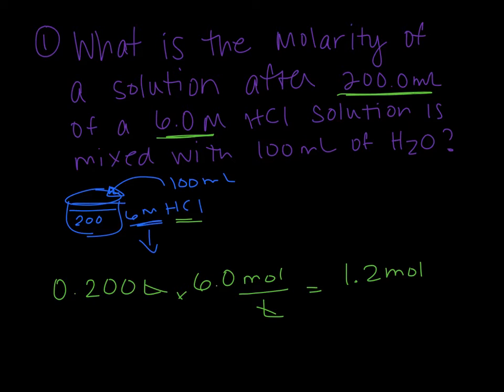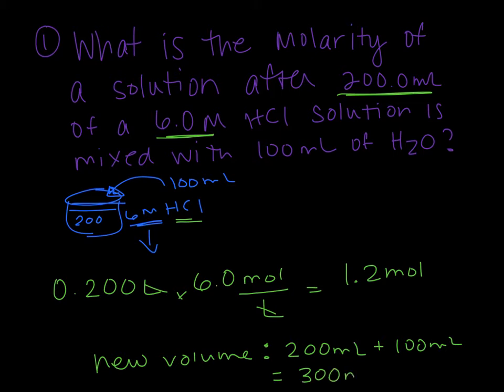Now, after the dilution, I need to take my moles and find my new molarity. And so if this is my moles that's constant, what's my new volume? I had 200 milliliters of a solution, and I added to that 100 milliliters of water. So my new volume is 300 milliliters total.